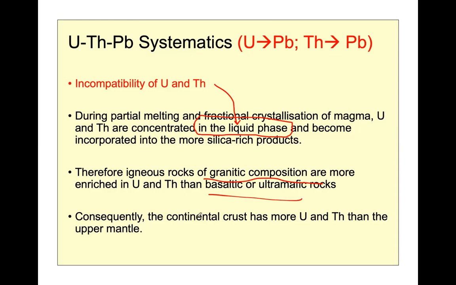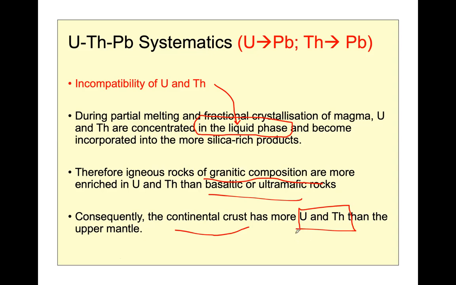So the crust, or the continental crust, which is a product of melt, right, should contain a lot of uranium and thorium. As a result, you should expect that with time the crust must have evolved to higher lead bearing compositions than the other earth reservoirs.